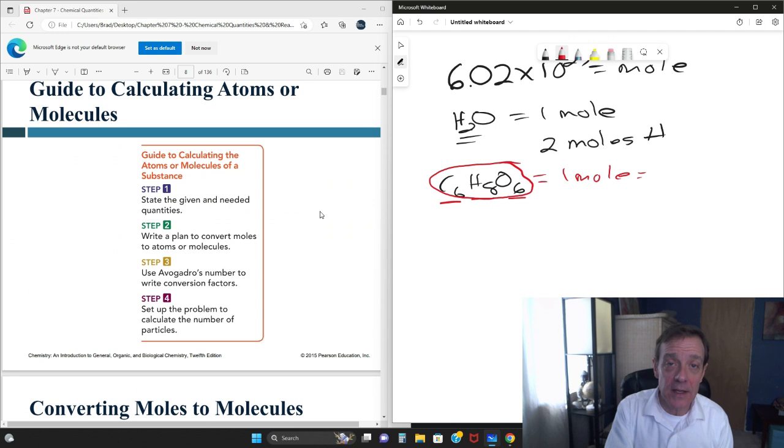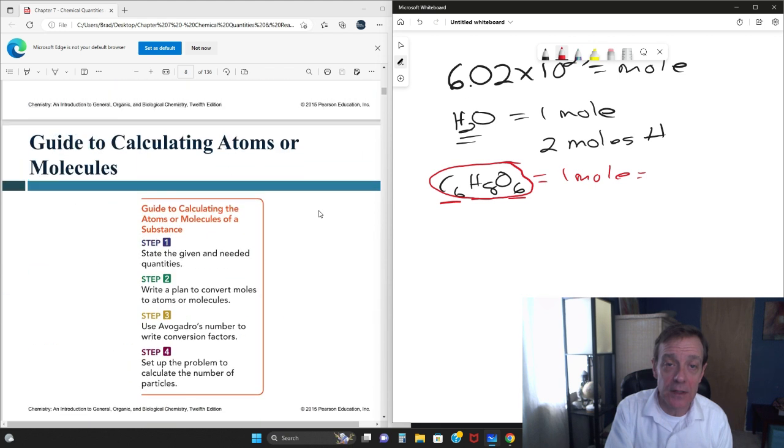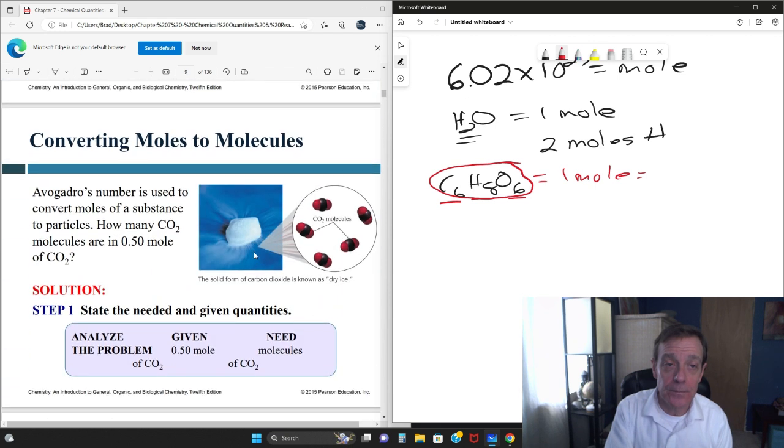So we're going to calculate atoms or molecules. The first thing we'll do is a conversion from the number of moles to the number of molecules.